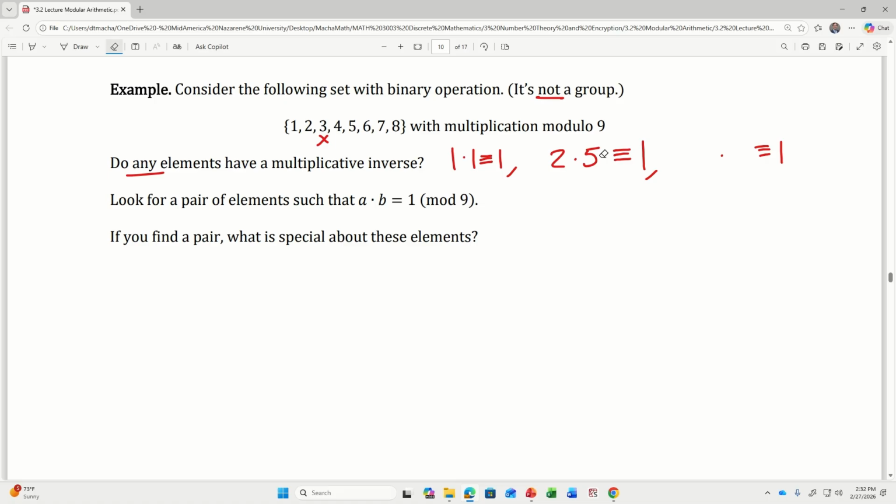What about the number 4? Four times 8 is 32. 32 mod 9 is 5. 4 times 7 is 28. 28 mod 9 is 1.